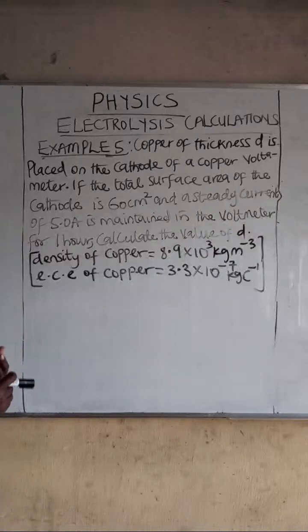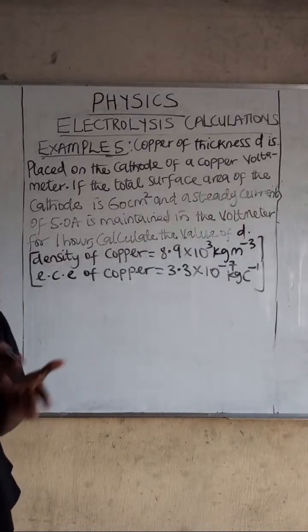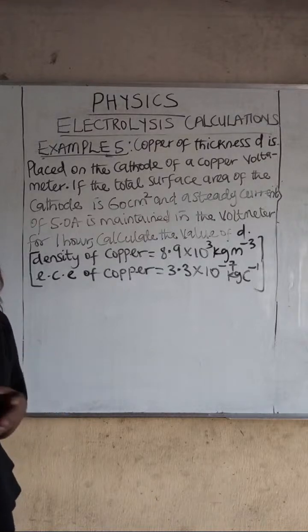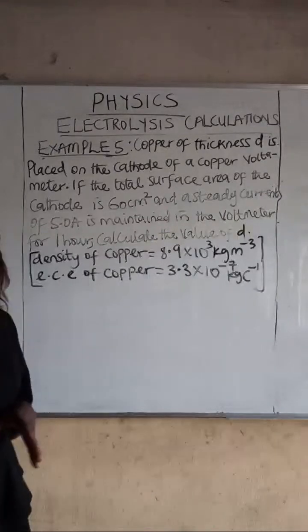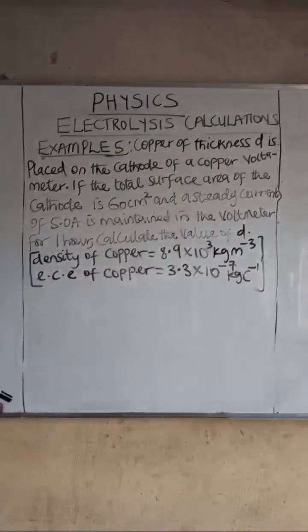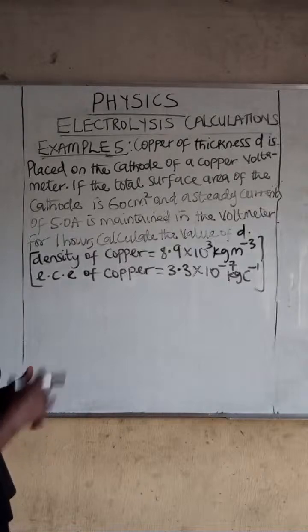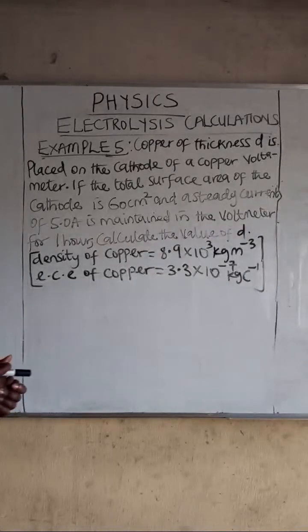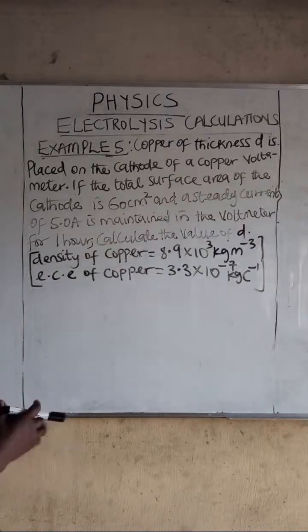Now look at this question. This question is different from what you have been solving. I'm just bringing out different ways in which they can ask you a question on electrolysis, so anywhere you see it, you can comfortably solve. Now let's look at it. Copper of thickness D is placed on the cathode of a copper voltameter.